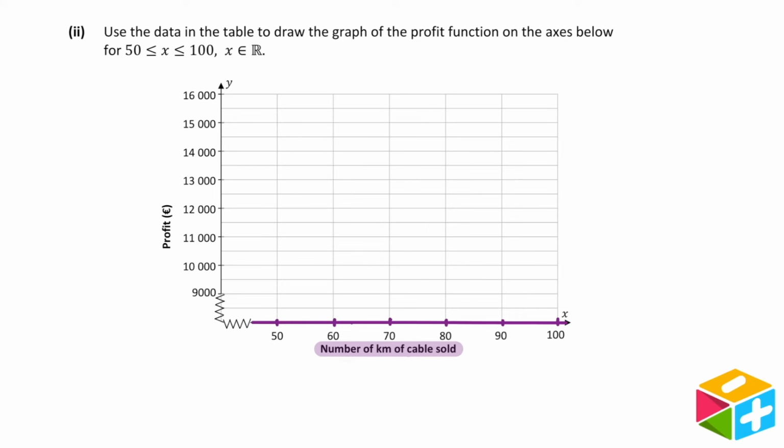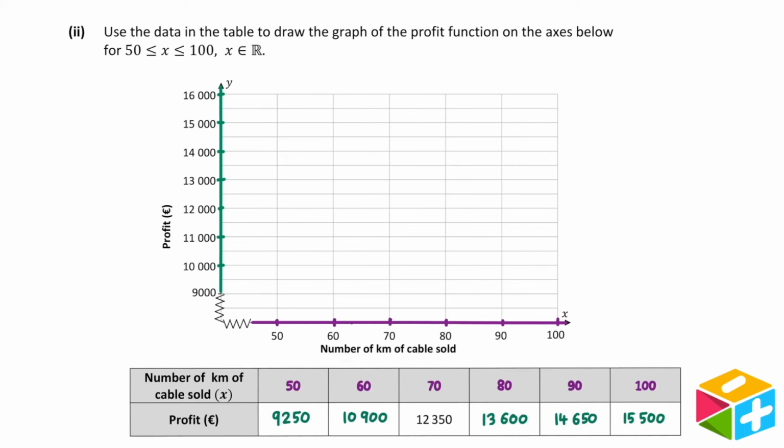On these axes, the horizontal x-axis is labelled with the number of kilometers of cable sold. The vertical y-axis is labelled with the profit. The data in the table from the previous part of the question tells us the points that we should plot.